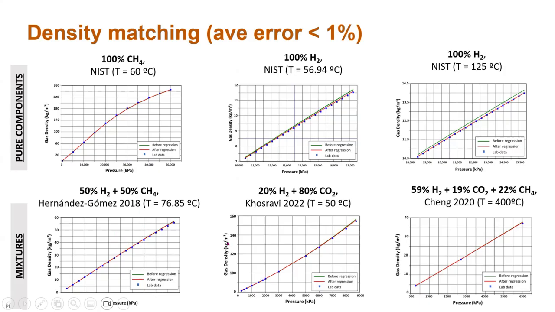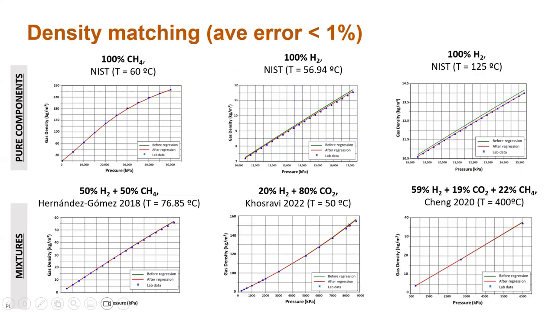In the lower part of the slide, you can see that the same equation of state was able to predict mixture properties as well. For example, if in your reservoir you have a mixture of half and half of hydrogen and methane, it's possible to predict.